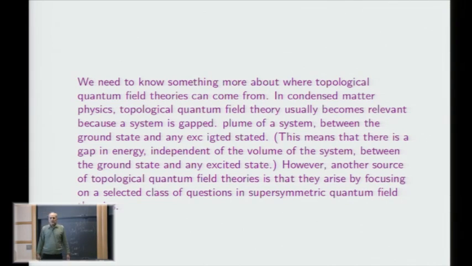It was discovered in the last 30 years, originally from the quantum Hall systems, that an insulator at long distances might be described by a non-trivial topological field theory. So for condensed matter physicists, topological quantum field theory comes in because the system is gapped, meaning it's an insulator. And then you find at long distances you get a topological field theory, which will be trivial for a lot of insulators, but in general not. But there's another source of topological quantum field theories where you focus on a selected class of questions in supersymmetric gauge theories.